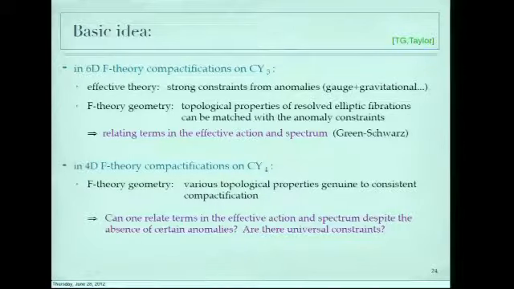Now we go to 4 dimensions and we can ask, can we do something similar there? Well, in F theory, we have again topological properties of consistent elliptic fibrations, but we don't have this anomaly interpretation. So we can ask the question, can we relate terms in the effective action to the spectrum despite the fact that we don't have anomalies?